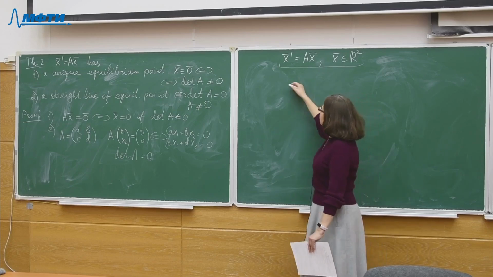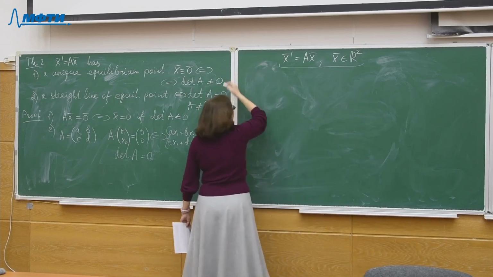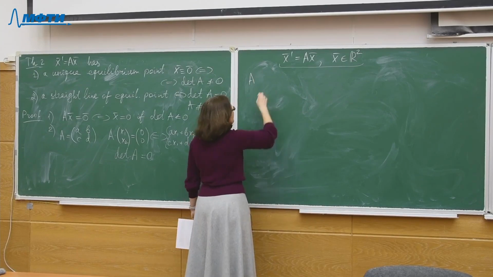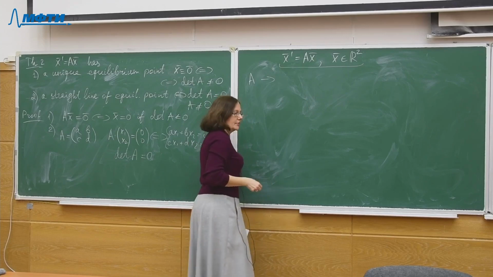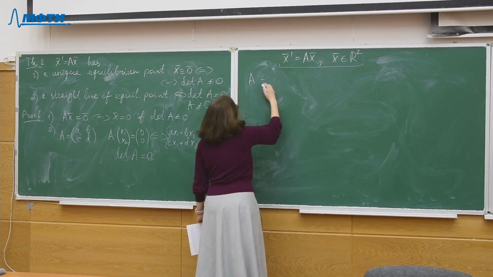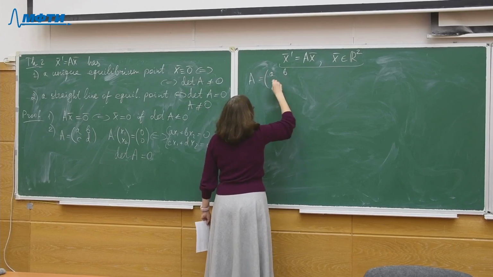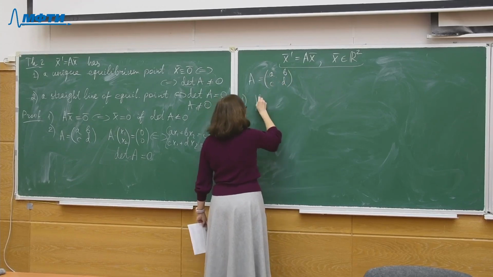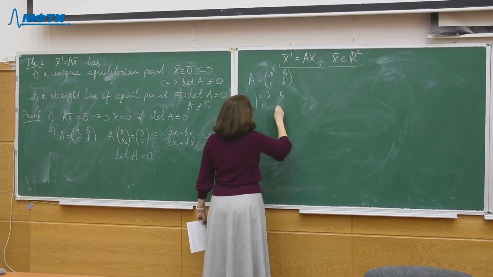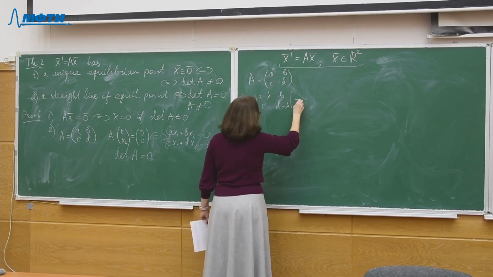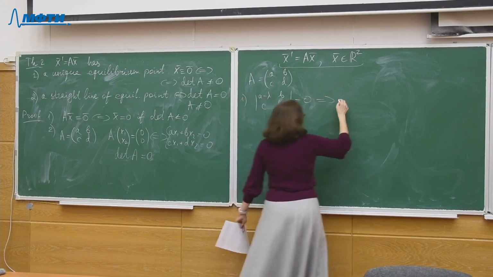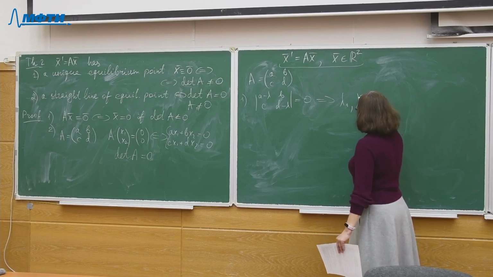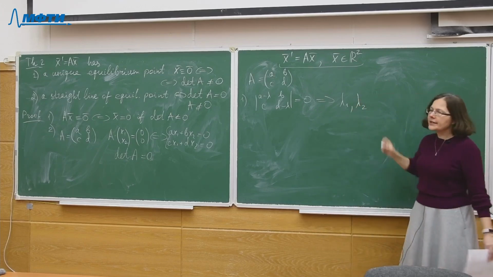Well, suppose we have completed the first step. Given the matrix A, let it be a, b, c, d. Then step number 1 is to solve the characteristic equation, from which we obtain two eigenvalues.